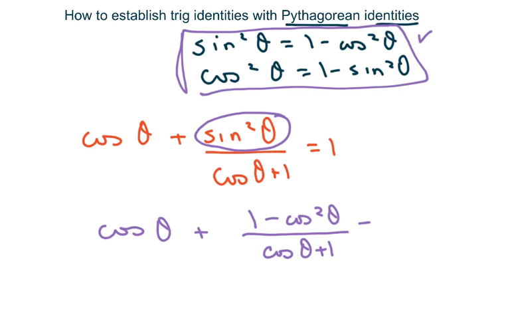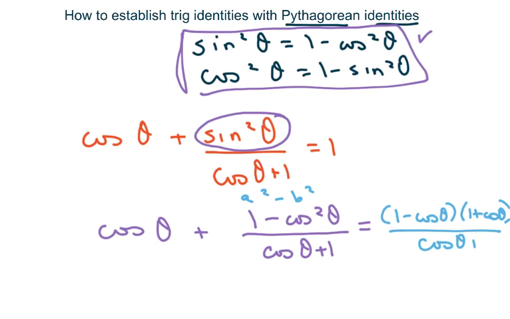Now, I'm going to use the fact that this is a squared minus b squared, and I'm going to write that as 1 minus cosine times 1 plus cosine over cosine of theta plus 1.